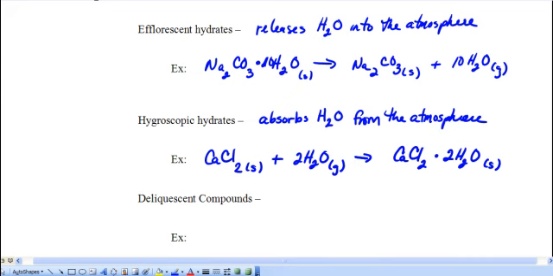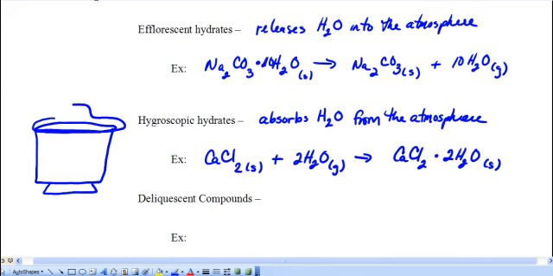A desiccant absorbs moisture, and so what you do is you have this big vase, and we will be using this when we do our hydrate lab. Okay, we'll put it on some type of pedestal here, something like that. There's a very thick rim on this thing, and then you put a lid over the top of it, something like that.